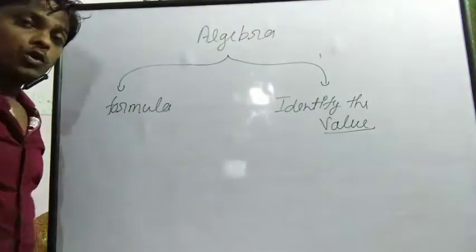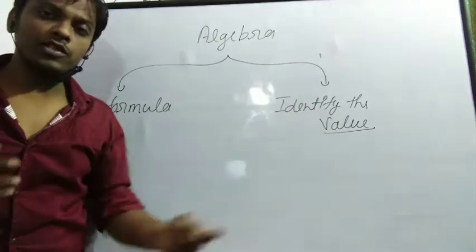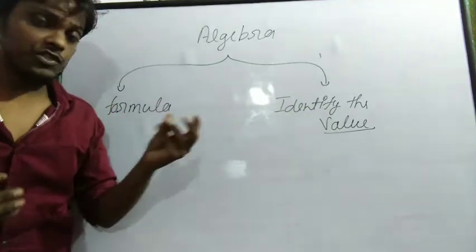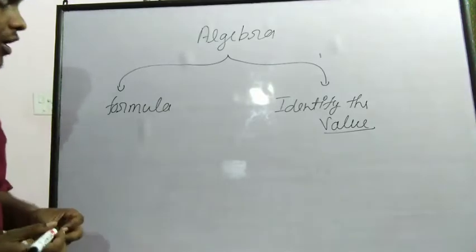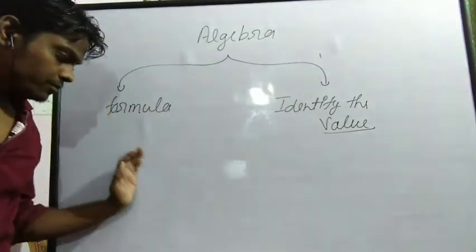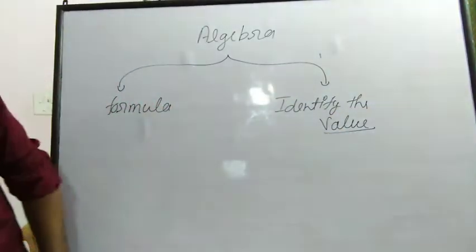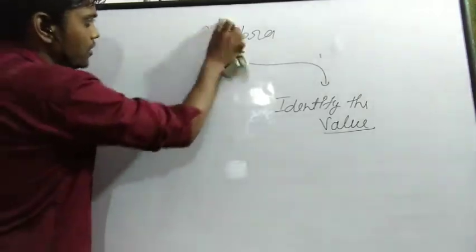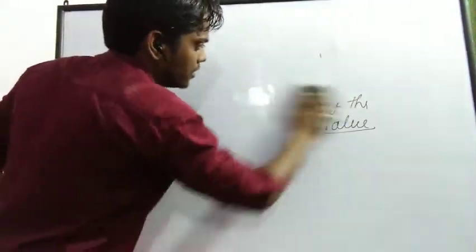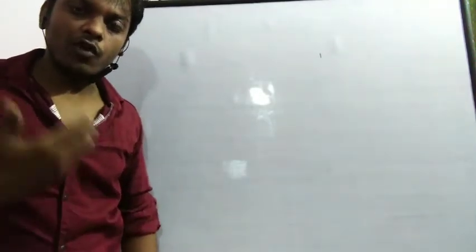Through those alphabets we can identify which value is suitable for which function or process. So now we will see how we can create a formula through alphabets and identify the values one by one, for any process through algebra.